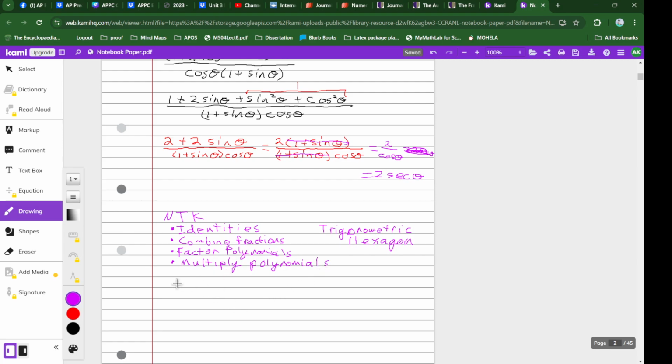And we have to understand this. Understand there is almost always more than one path.